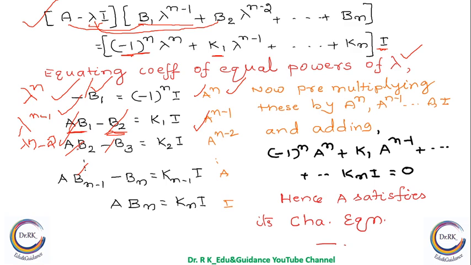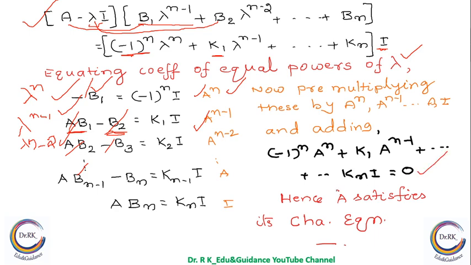All the terms on the left hand side get cancelled. Then what is left on the right hand side is minus 1 power n A power n, K1 into A power n minus 1, K2 into A power n minus 2, and so on. That is nothing but minus 1 power n A n plus K1 into A power n minus 1 plus so on, K n I equal to 0.